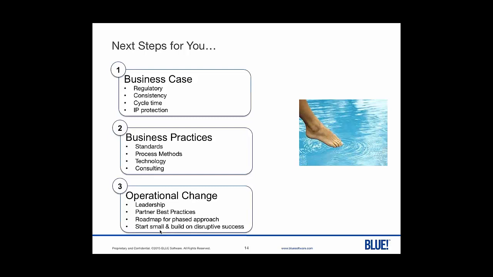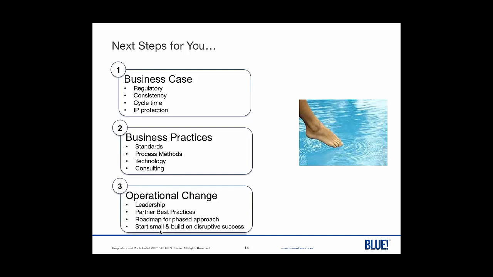And then the third is the operational change. If you do decide to go down this road, once you've done the business case and you've looked at your different options of what's available in the market, the operational change is a big one here because of the disruptive nature of what we're talking about. So having the leadership and the sponsorship and the ownership of driving this into the business, and also the roadmap of how you do this.